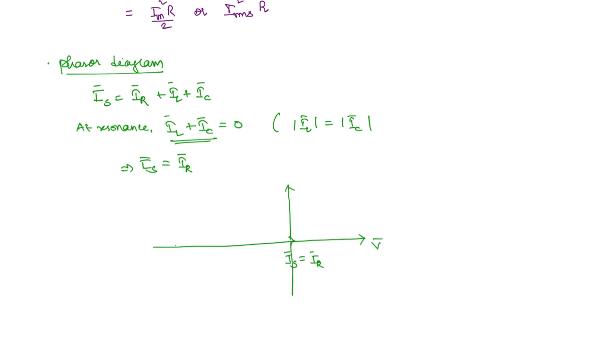They will have the same magnitude but opposite phase. Now which one is IC and which one is IL? You can see that the voltage is here, and for an inductor the current will lag the voltage by 90 degrees. So this is going to be the inductor current and this is going to be the capacitor current. Capacitor current will lead the voltage by 90 degrees.